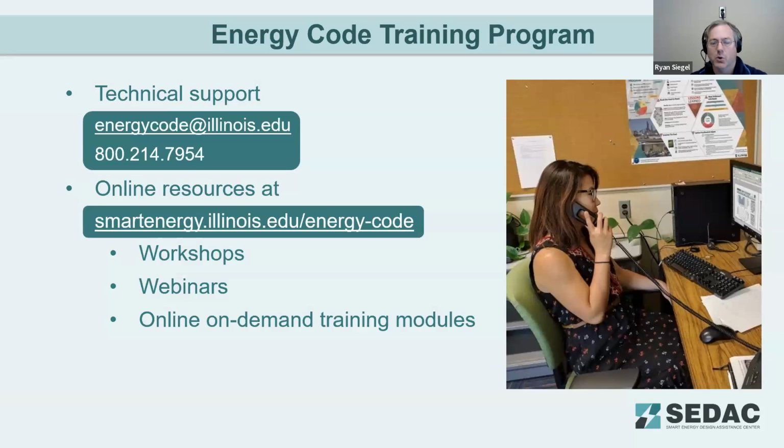The recording is also posted there, along with several online on-demand training modules. These training modules are targeted more at a beginning audience, so people don't need to be experts in codes to find them useful. I believe there are something on the order of 20 different learning modules up there now.